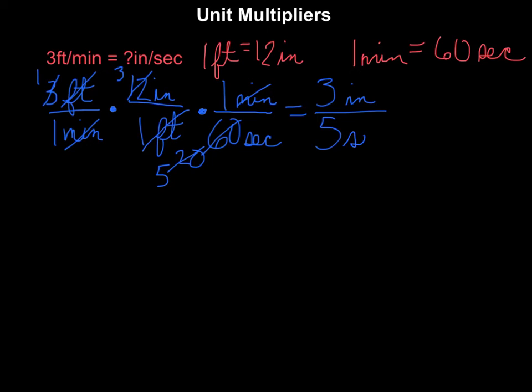So, now we're ready to divide. 3 divided by 5 is going to be just like it looks. That's going to be 3/5. For my units, I have inches divided by seconds, which will be inches per second.